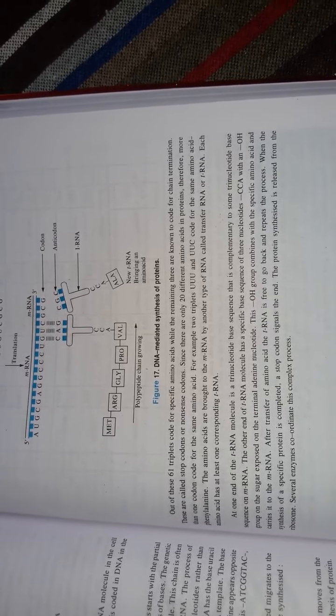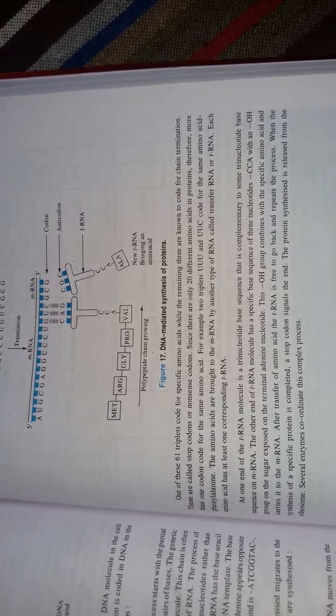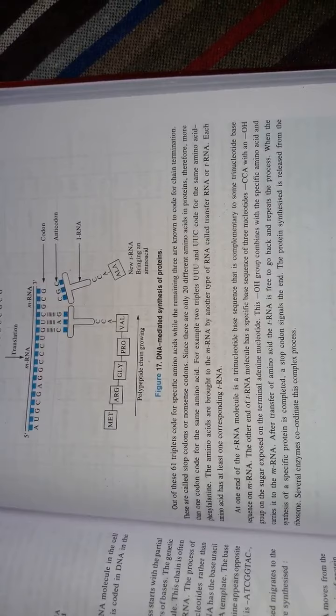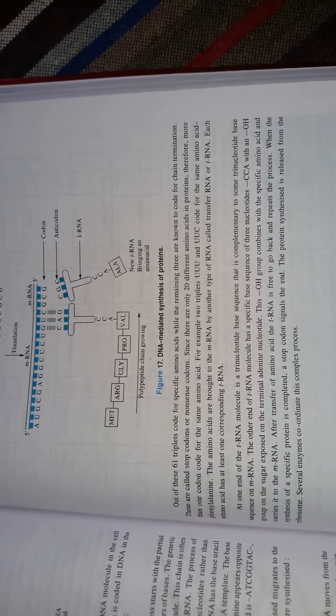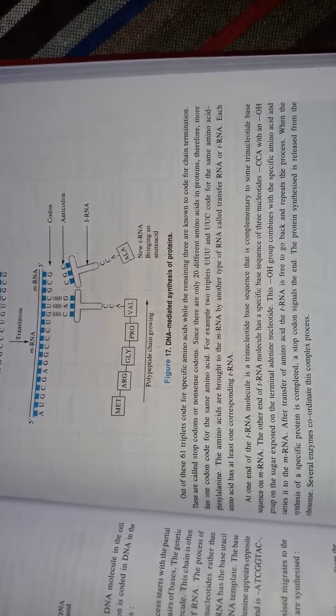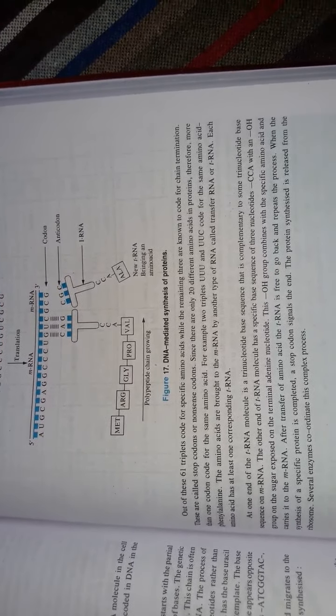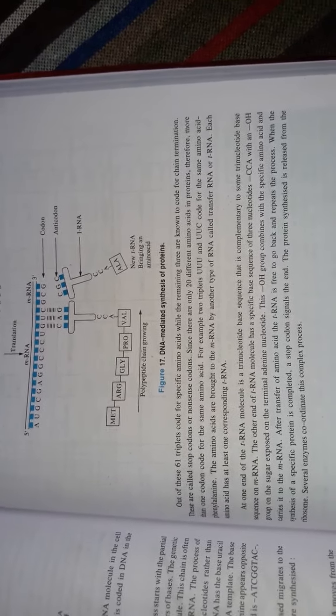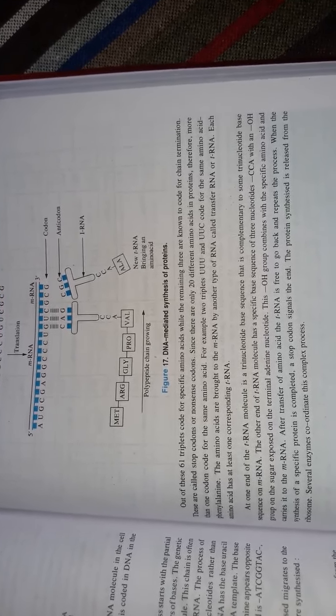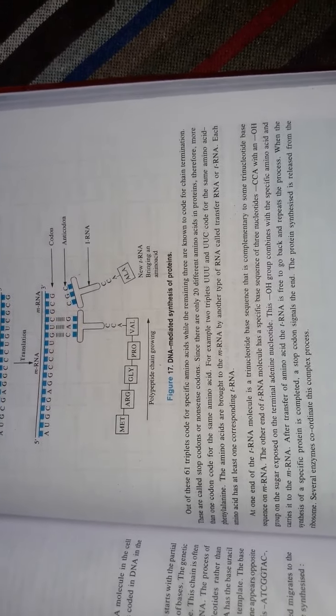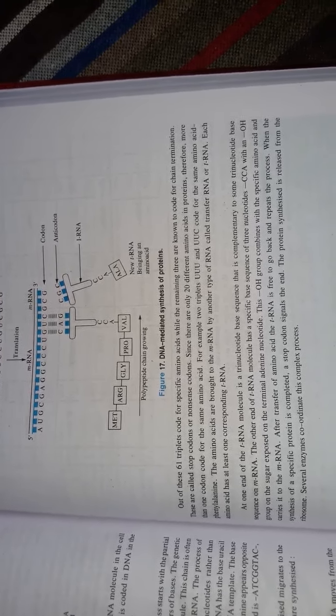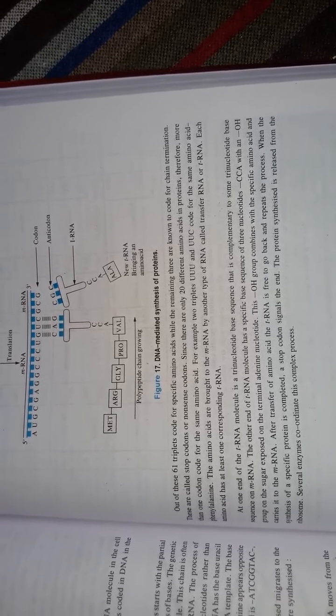You can remember a sequence of particular bases or nucleotides in a DNA molecule which regulates the synthesis of a specific protein is called your gene, and every protein in the cell has a corresponding gene, and the relation between the nucleotides and the amino acid is called genetic code.